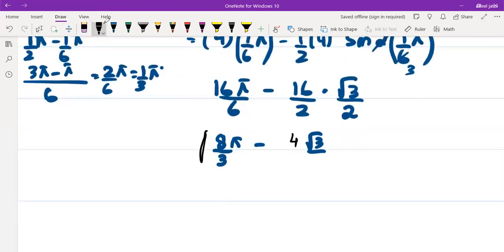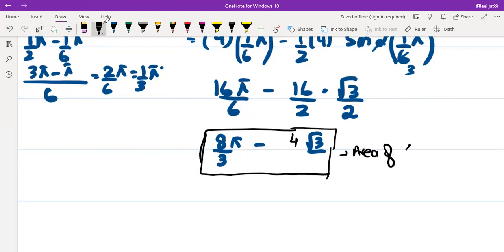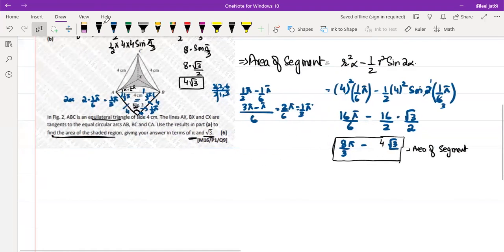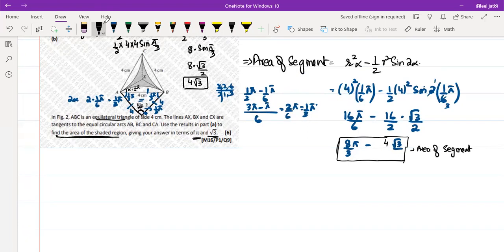Now this is your area of segment, the area of segment we were talking about, but for one part only. If we multiply this by 3, we get all the unshaded region inside the triangle.